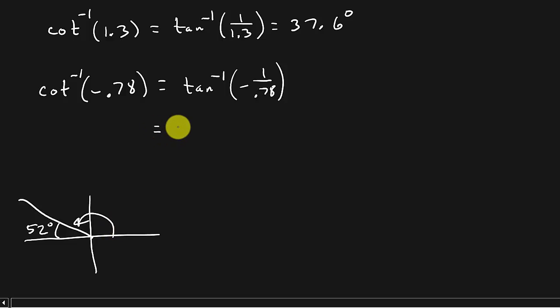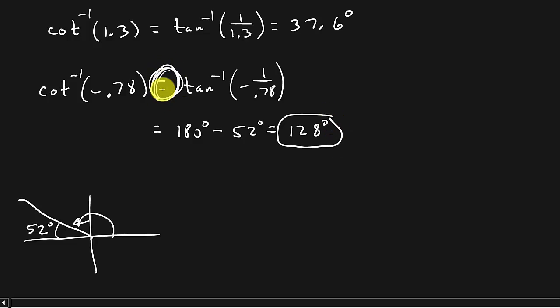So this is going to be 180 minus 52. That is 128 degrees. And actually, I really shouldn't put an equal sign there, because this does not equal this. Okay, and so it really shouldn't be an equal sign.